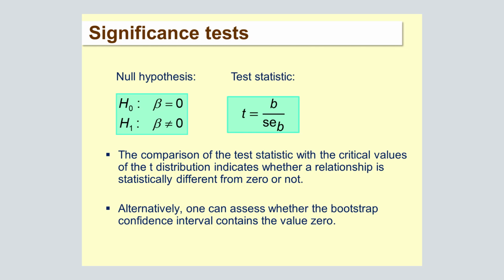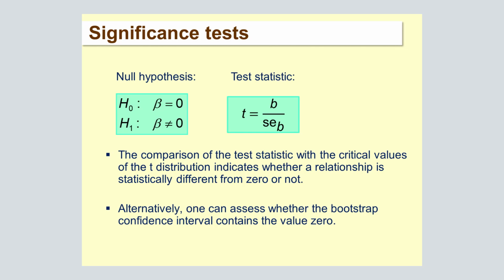Once we have the bootstrap standard errors, we can conduct significance tests just like in the traditional way. So if we want to test whether population parameter beta is different from 0, we create a test statistic, a t-value, where we divide the sample estimate b by the standard error as obtained from bootstrapping.